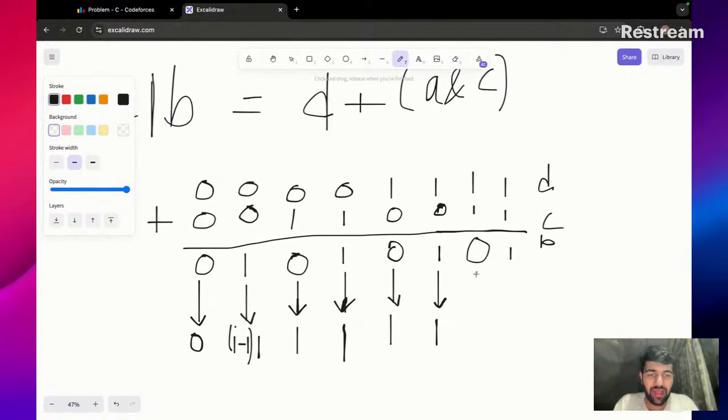Now if I come over here, I can be very sure about this bit. If I want to make it a 0, let's say I put this thing as a 0, and here also it's a 0, my I minus 1th bit has to be 1, right?